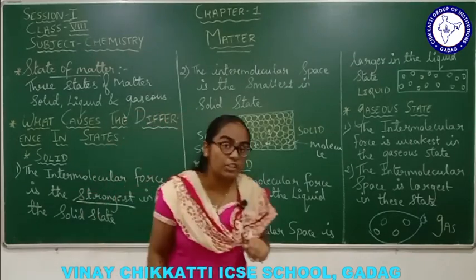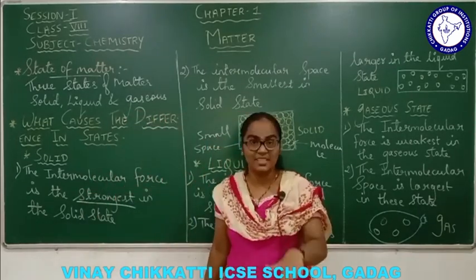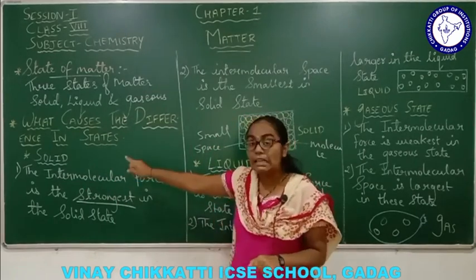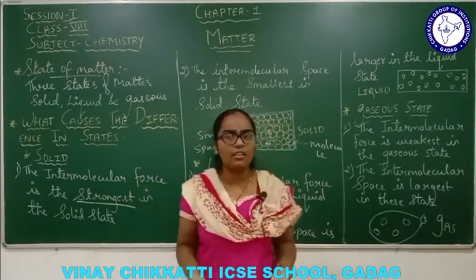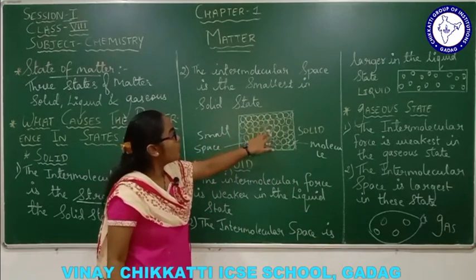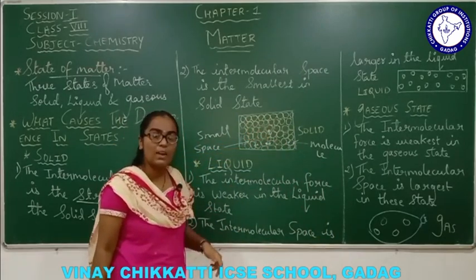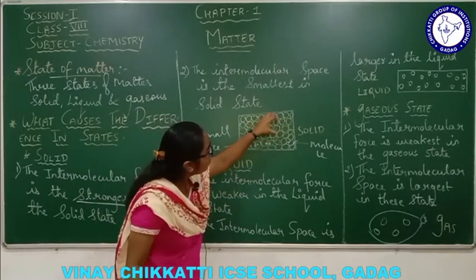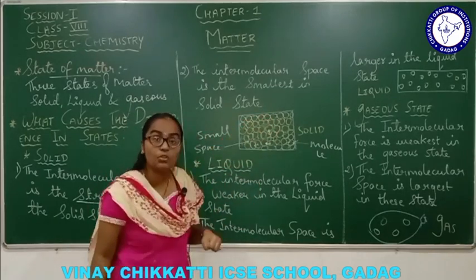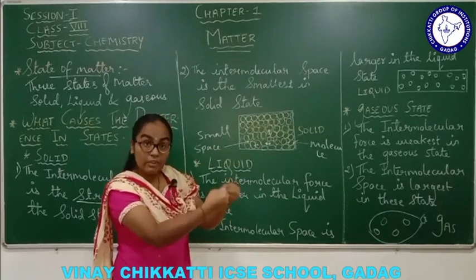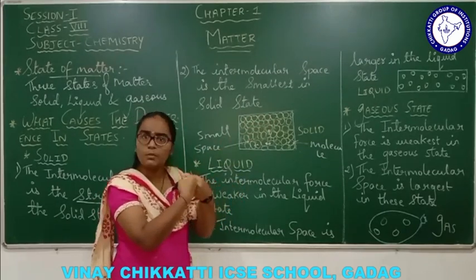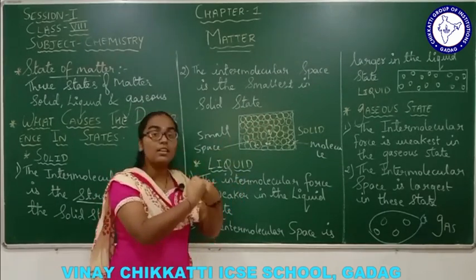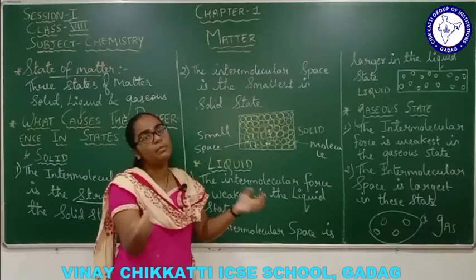So what the solid state is saying here is that the intermolecular force, the force of attraction between the molecules, is stronger. Why is the force of attraction stronger? Because the molecules are very close to each other. If the molecules are very close to each other, the force of attraction will be stronger, and if the force of attraction is stronger, the gap will be very less.